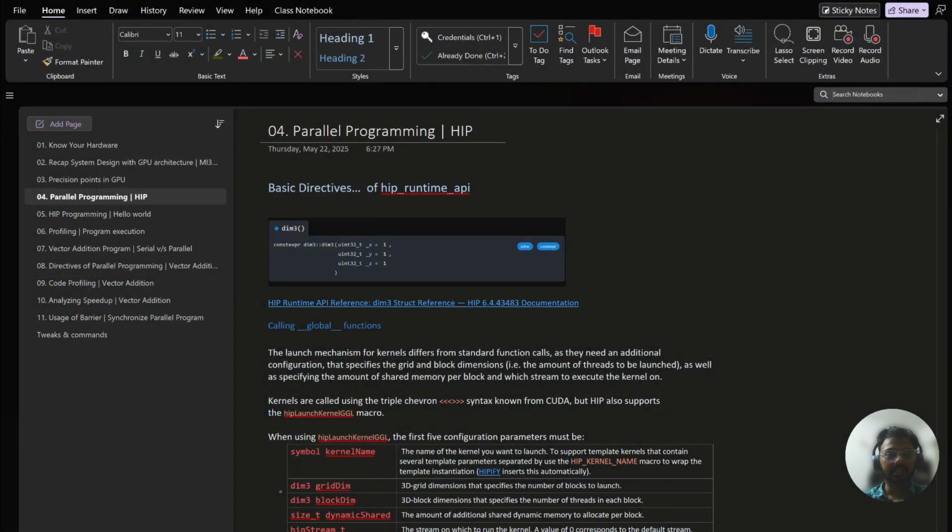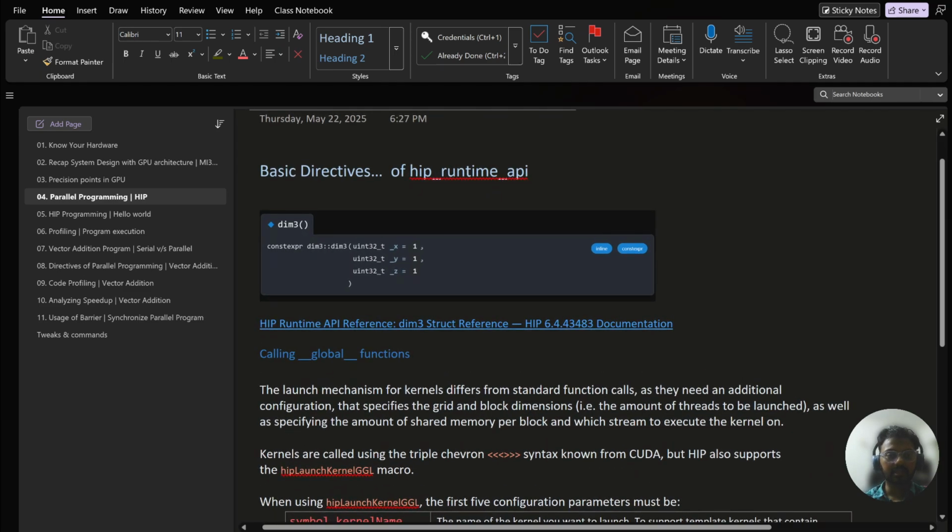So far, what we have learned is some of the basic directives for the HIP runtime API. One of them is dim3. If you notice, we used the hipLaunchKernelGGL macro and also the triple chevron directive, and we were using dim3 to get our threads and blocks allocated.